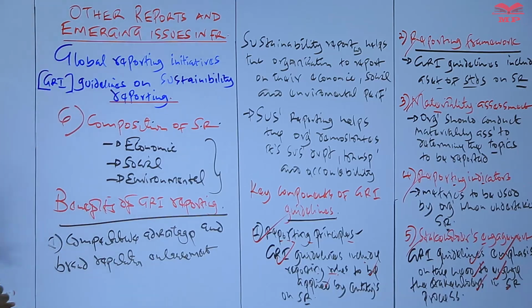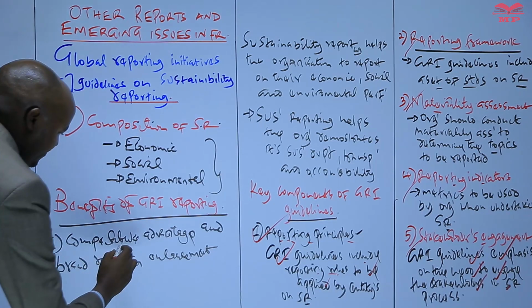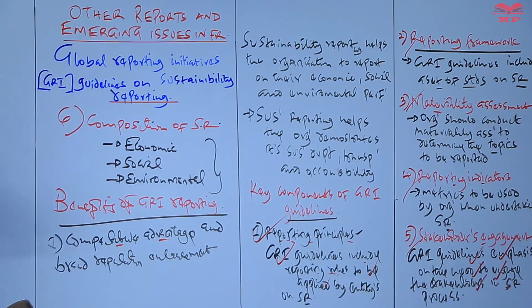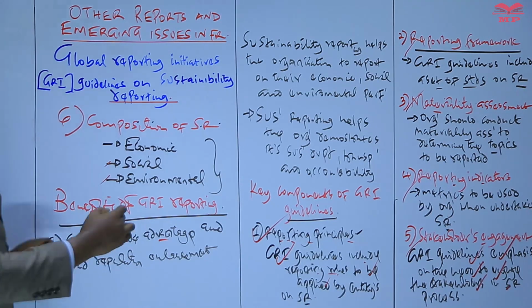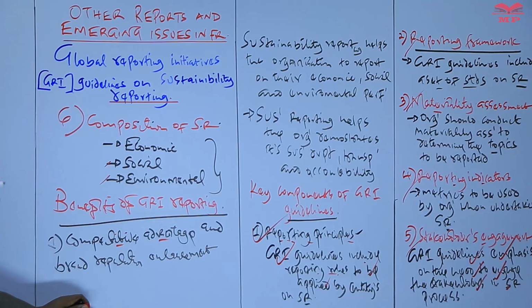When we talk about the competitive advantage, it basically means that if an organization is reporting on aspects like the social performance, the company is able to explain to the stakeholders the various corporate social responsibility activities the company undertook. For example, did the company sponsor children from needy families? Did the company sponsor some sporting activities?